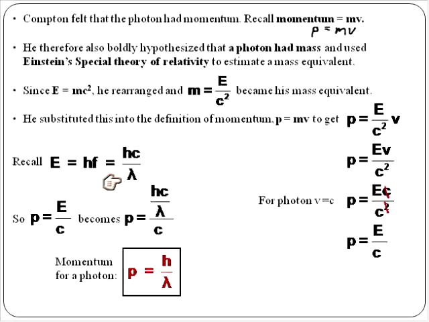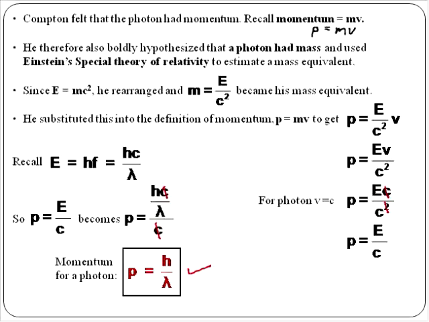So Compton plugged in hc over lambda for the energy, and again the two c's cancel, and you're left with P equals h over lambda. That is Compton's equation for photon momentum.